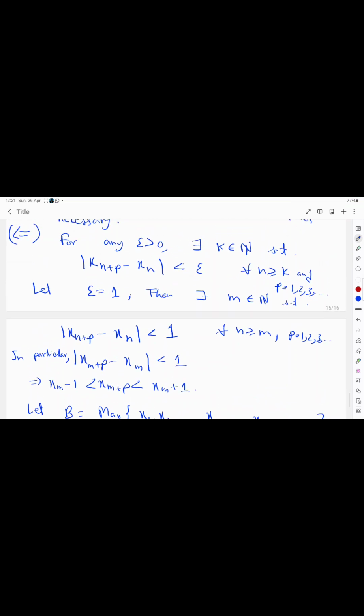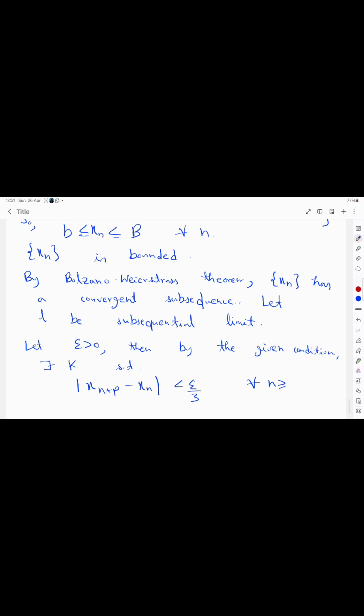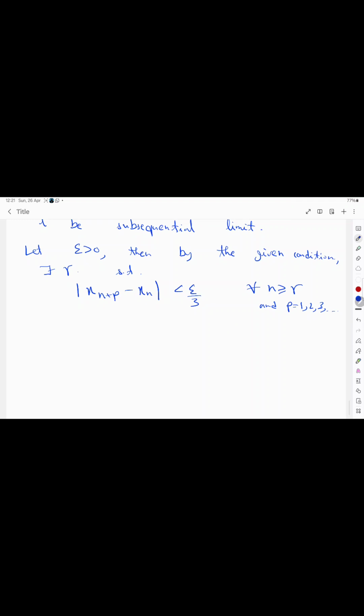Earlier what we have written, first line you have written epsilon for k, then you have used m. Okay, so I am writing maybe r, no choice, and p equal to 1, 2, 3, and so on.